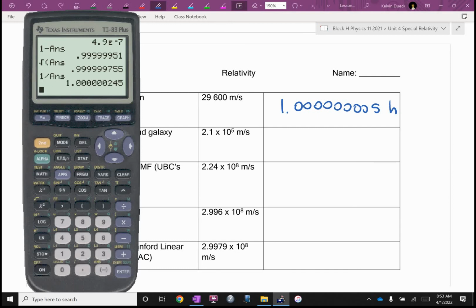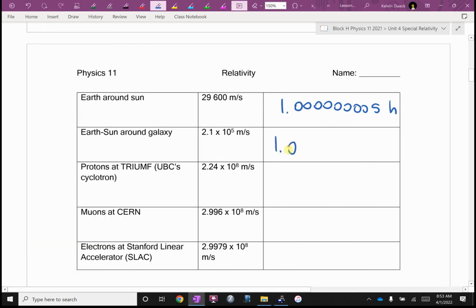Okay. 6 zeros and a 245. 1.12345 6 zeros.